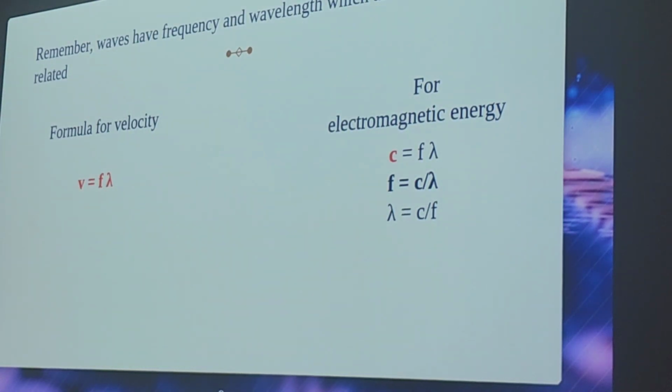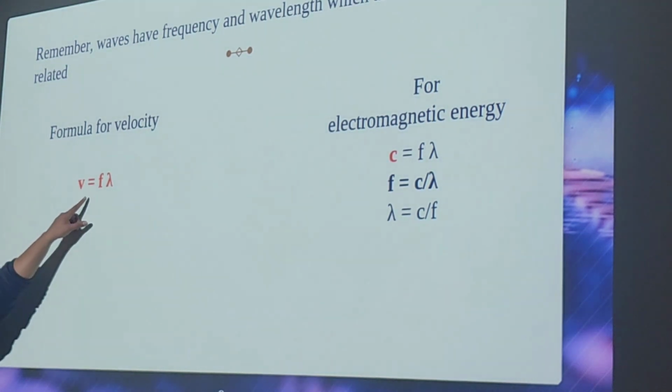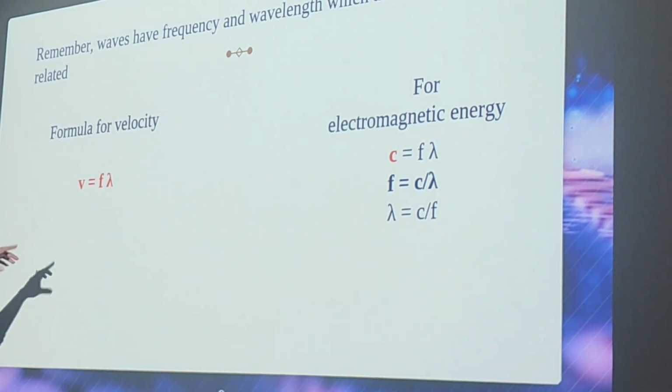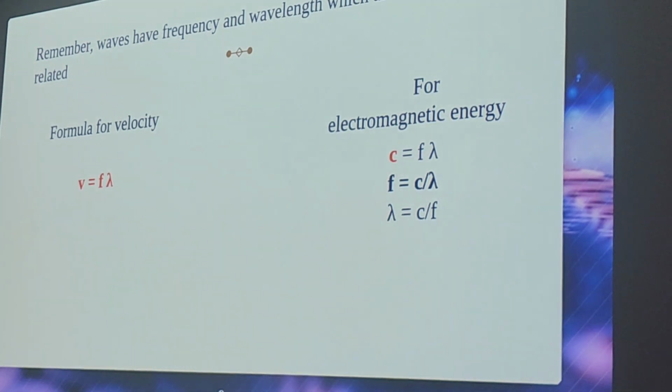Alright, so we have some fun formulas to remember. Formula for velocity, if you remember from chapter 1, it's velocity equals frequency times wavelength. But when we're talking about electromagnetic radiation, the formula for velocity would be a little bit different, but it's really not.